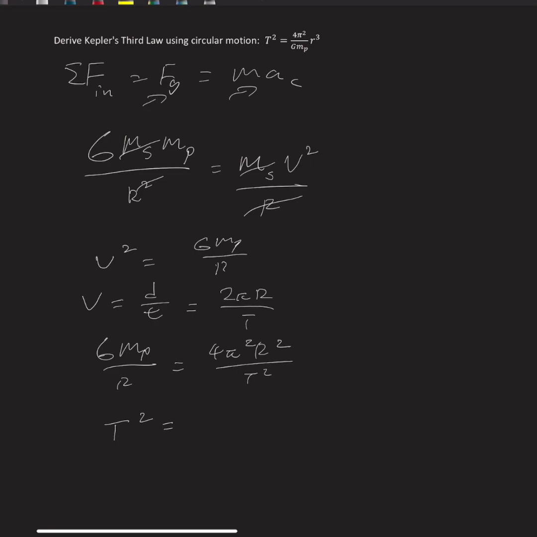T squared is equal to 4 pi squared R cubed over G times mass of the primary. And this is Kepler's third law. And we can derive it using circular motion.